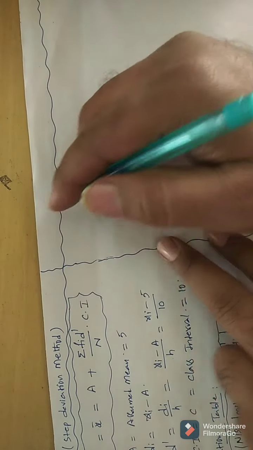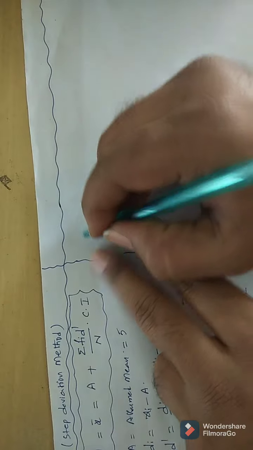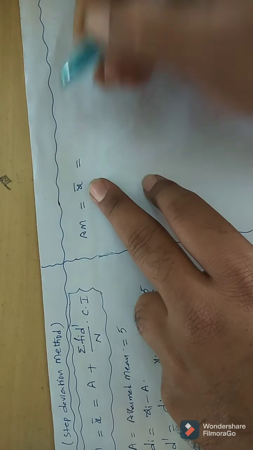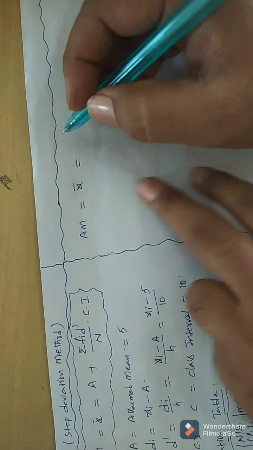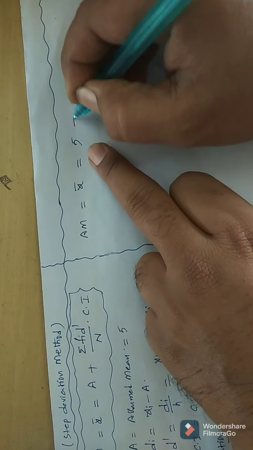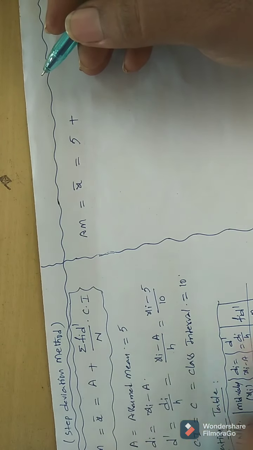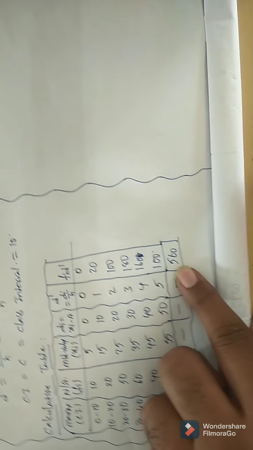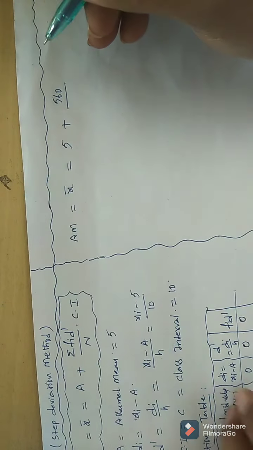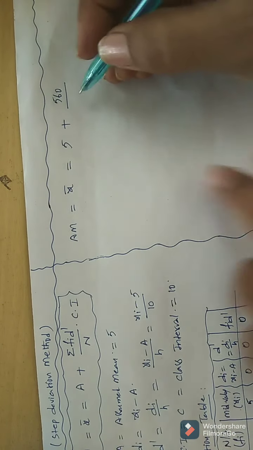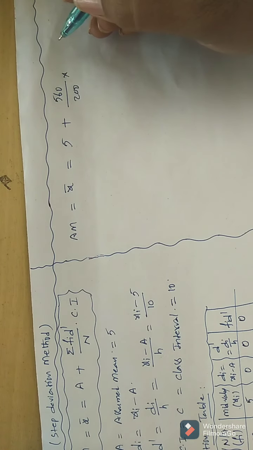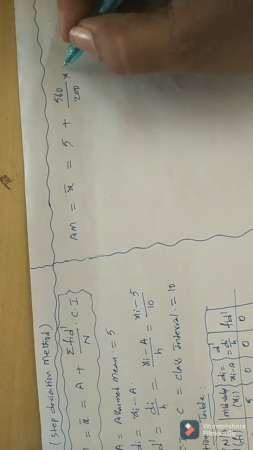Now I am going to substitute in the formula for arithmetic mean. X bar is equal to A plus, what is A? 5 plus sigma fi d dash, already in the table, 560, whole divided by n, which we already know is 200, into the class interval, 10.